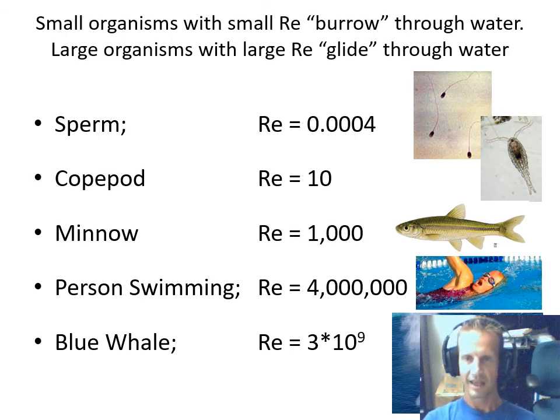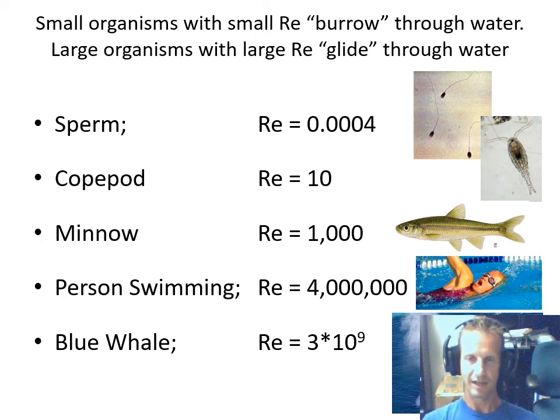A minnow has a Reynolds number that's in the intermediate range, and so it's not able to glide really gracefully through the water. It has to flick its little tail pretty rapidly to move, but it's on the cusp of being able to glide through the water versus having to burrow through the water. A person swimming does glide through the water.